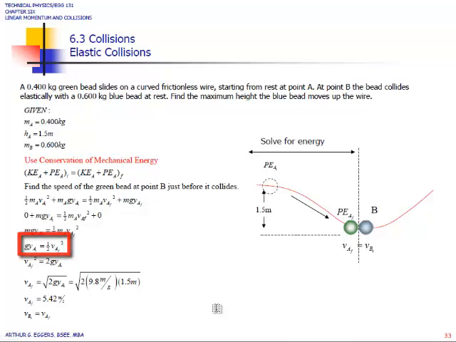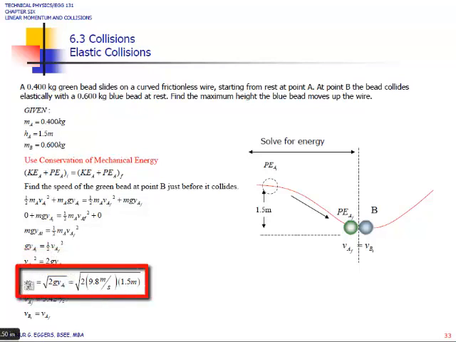So let's calculate, in this part of the problem, the velocity of the bead just before it hits bead B. Okay, so we have all of our terms. Let's move terms around and solve for the velocity. When we do that, we end up with the velocity of A final, that's down here at the bottom, equal to the square root of 2 times g times the height initial.